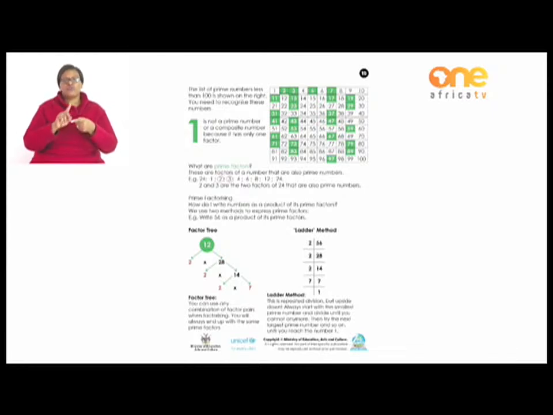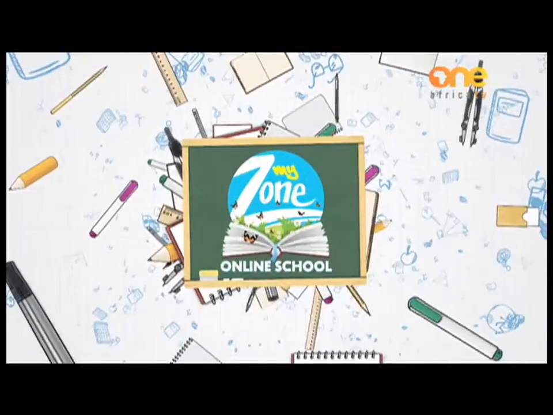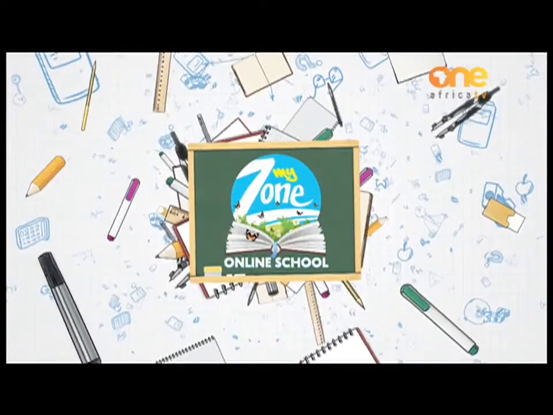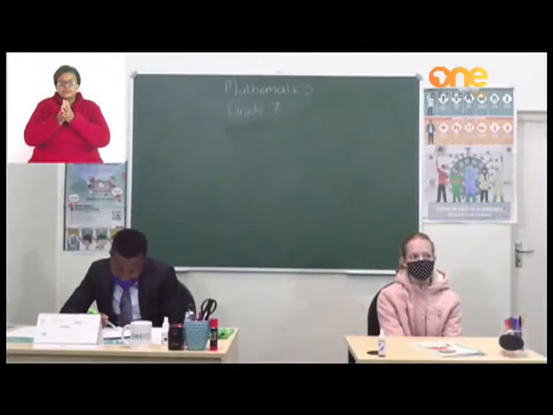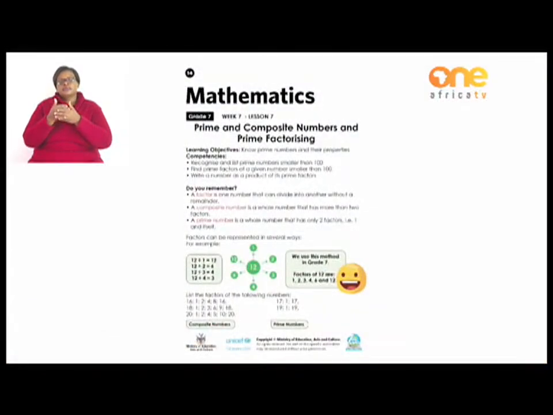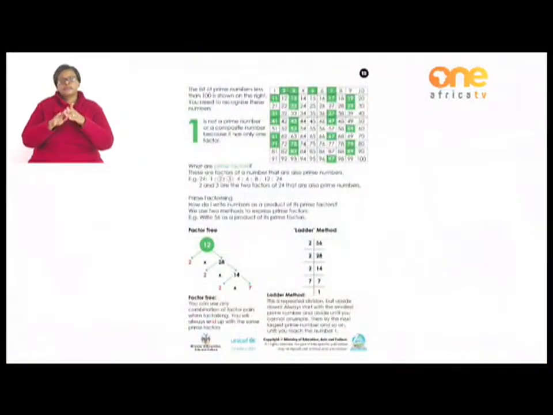We need to make a correction there: at 12, it's supposed to be 56. So we just have to take out that 12 and write 56 there.